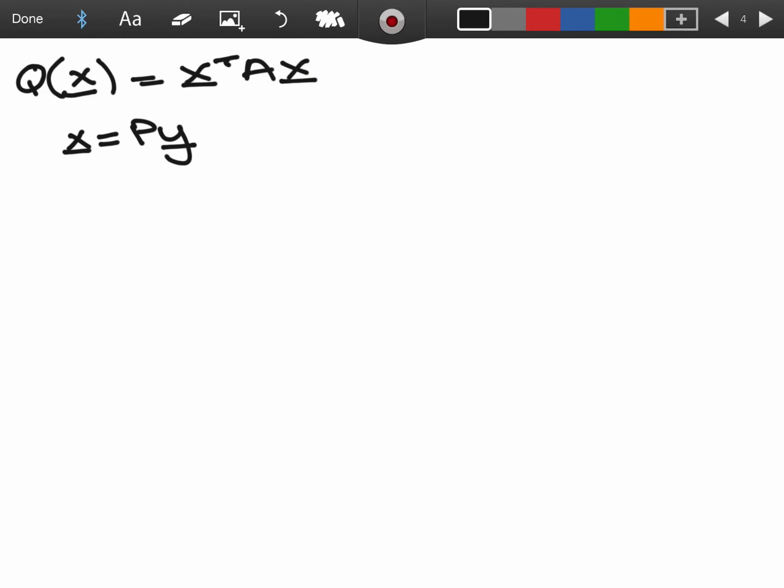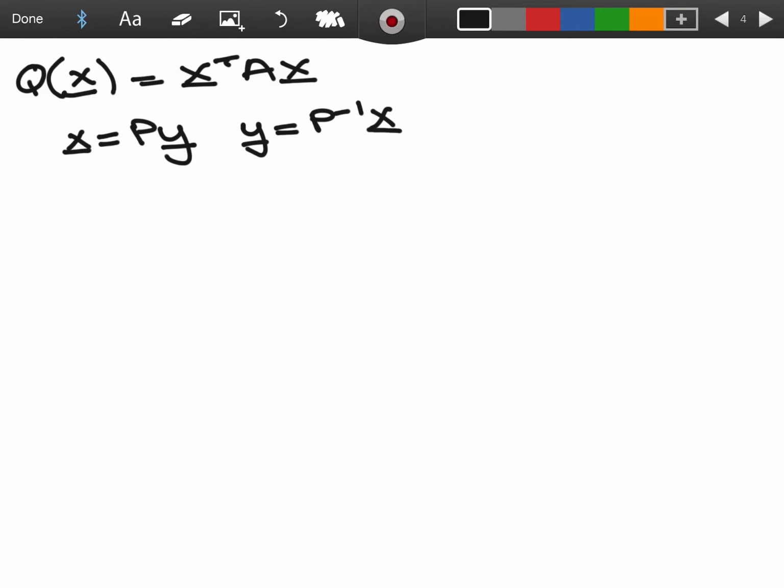I'm actually going to put another restriction on this change of variable matrix P in a second, as you'll see. But I'm just going to let X equal P times Y. So I'm doing a change of variable for Q of X, making it into Q of Y. If this is the case, we know that Y would equal P inverse X.